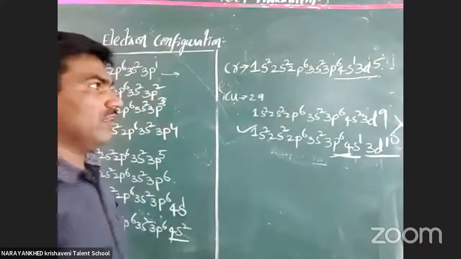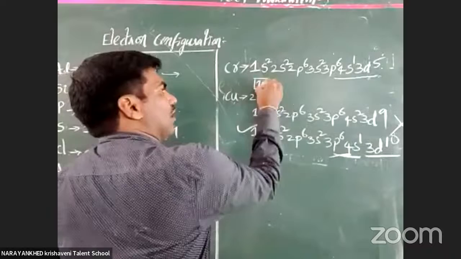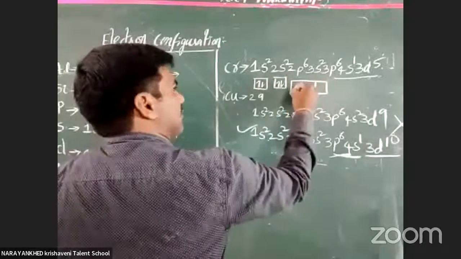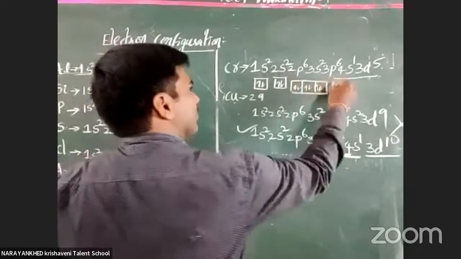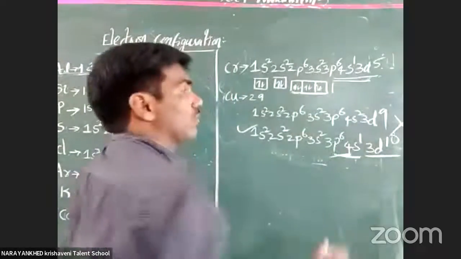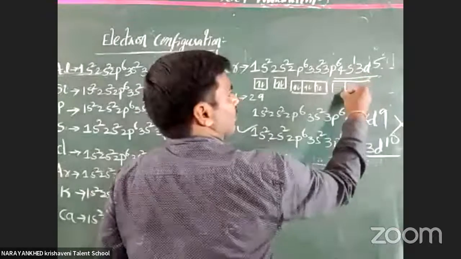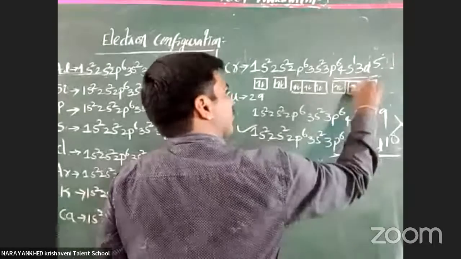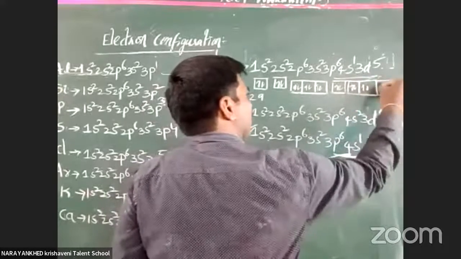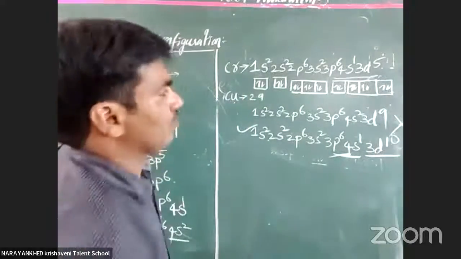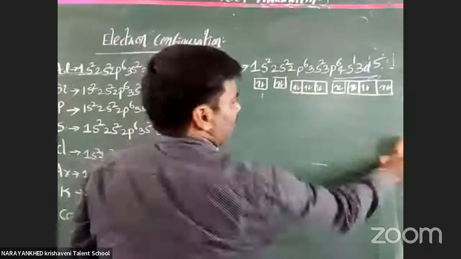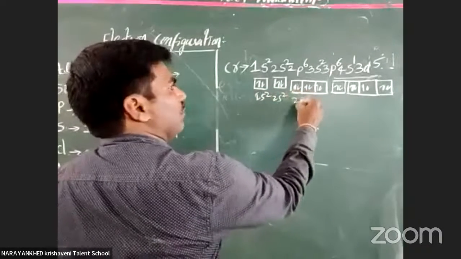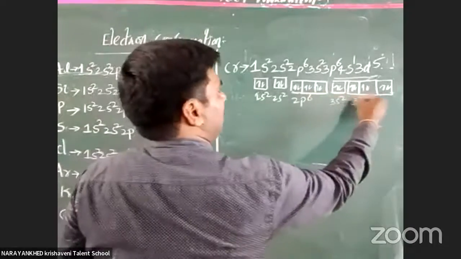Why? There is one orbital electronic configuration, and here it is 1s2, 2s2, 2p6, 3s2, 3p6.